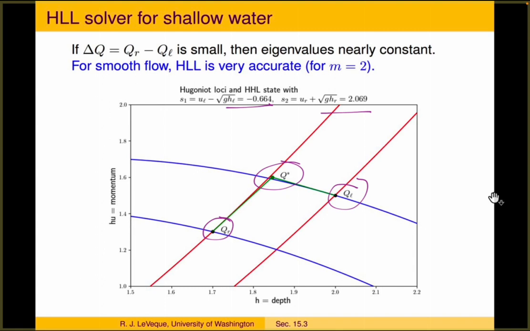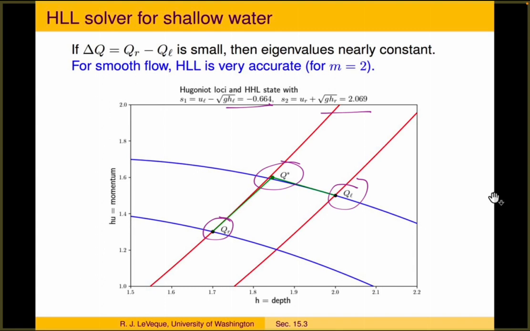But if we go to something like the Euler equations with three equations and we use an HLL solver that only has two waves, then no matter how close the states are to each other, we're not going to be capturing the full structure, including the contact discontinuity.